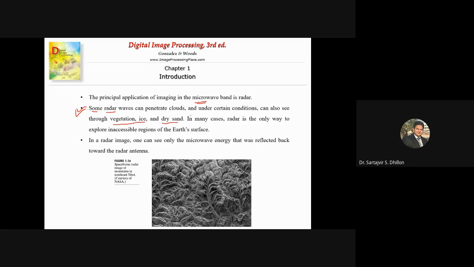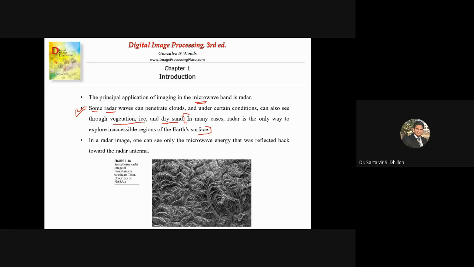I will cover this a little bit later. In many cases, the radar is the only way to explore the inaccessible areas of the Earth's surface. In a radar image, one can see only the microwave energy that was reflected back towards the radar antenna.